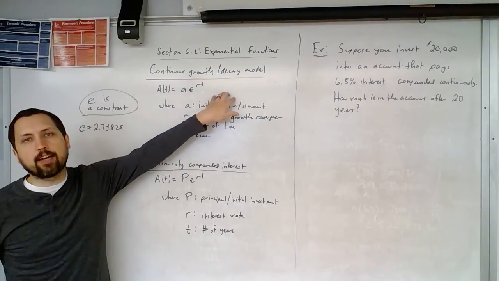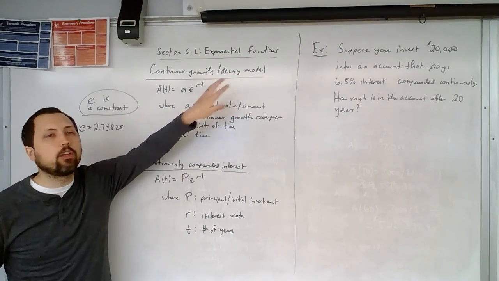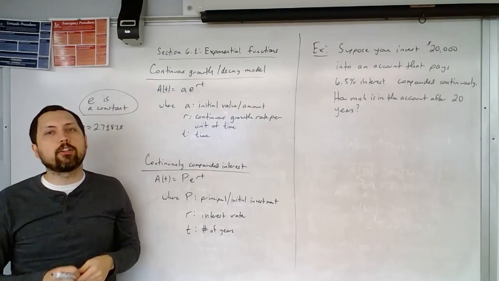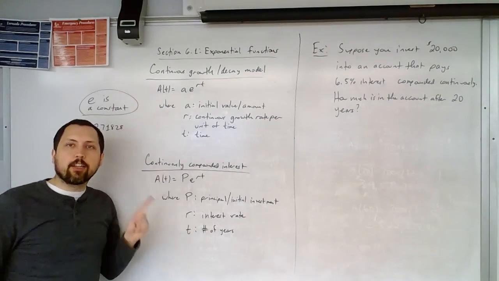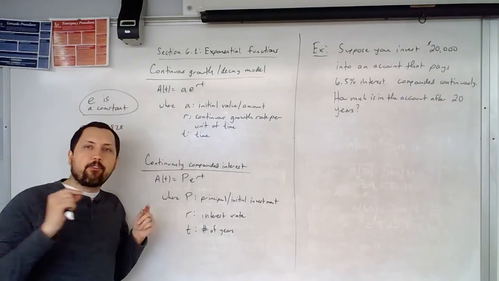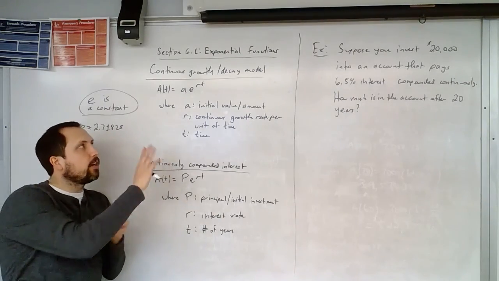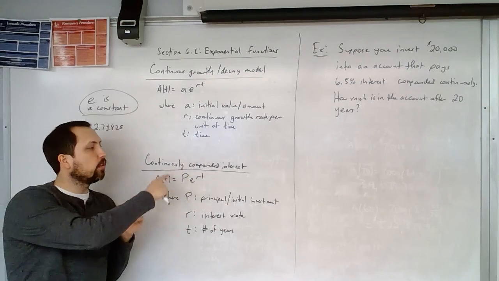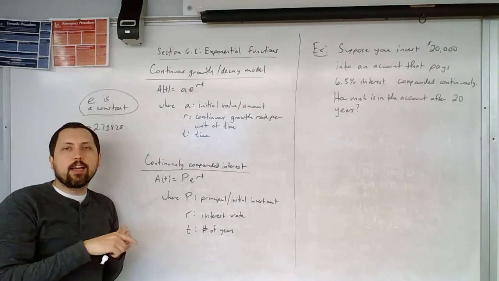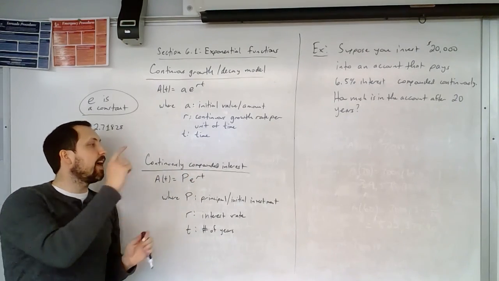We're going to use this a lot when we start to model various functions. We'll keep coming back to it because this is our general growth and decay model for things growing exponentially. In particular, we can adjust this for the business people who want to use slightly different variables. This is more like what you saw with compound interest.